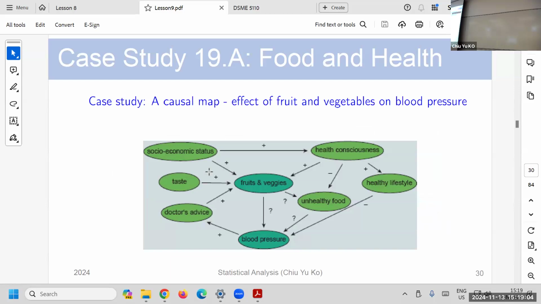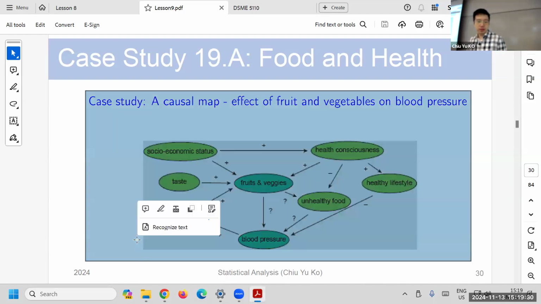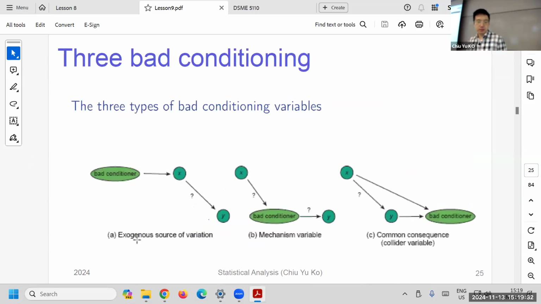If you forget about this, if you just focus on this one, to make it easier. Suppose the graph is only this one. Only focus on this part. Should you include unhealthy food? You should. Okay, so let's see whether you should or not. So go back to here. Should you include it or not?